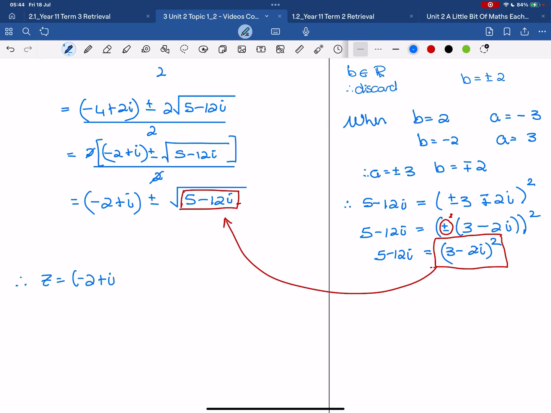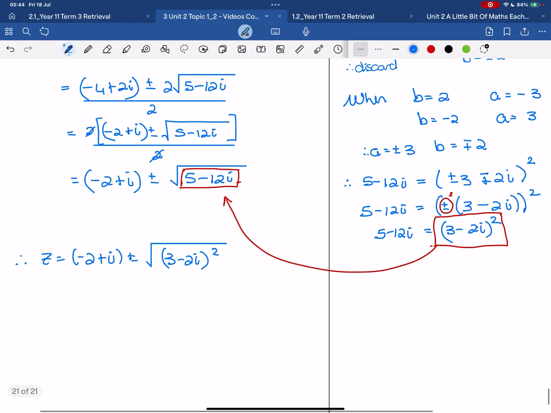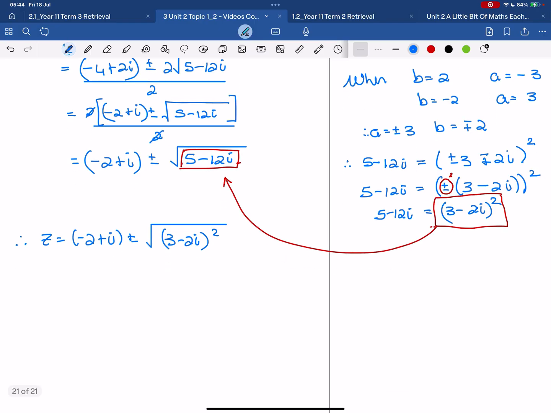Minus 2 plus i plus or minus the square root of (3 minus 2i) all squared. And if I square root a squared, all I get is Z is negative 2 plus i plus or minus (3 minus 2i).